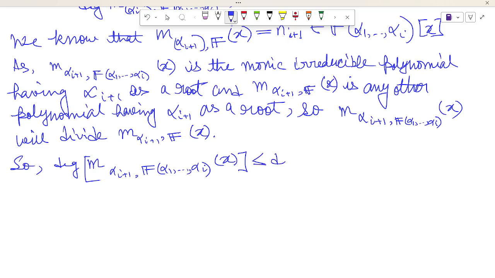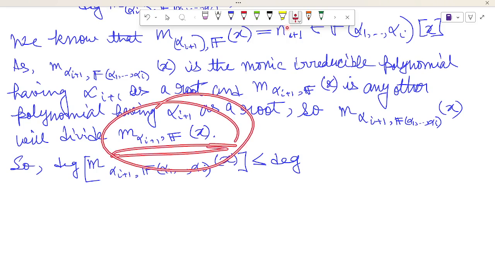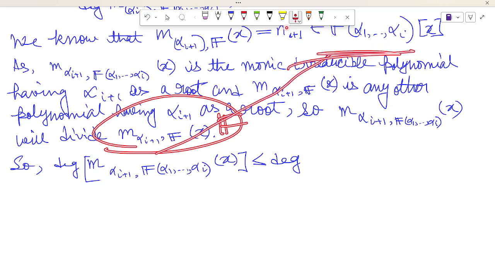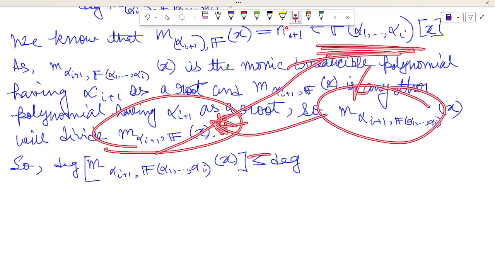That is obviously less than or equal, equality might happen, because if I get no other polynomial, then that polynomial might serve, because it is already present there. If I cannot get any smaller polynomial, the degree will be equal.